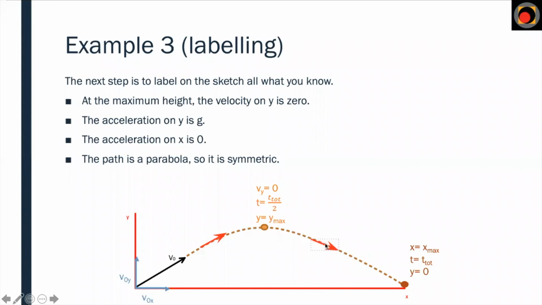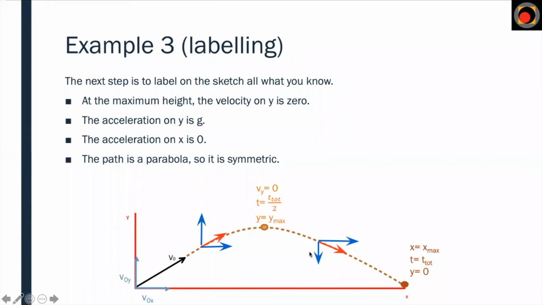If we look at the components, this one has a positive y and a positive x, while this one has a positive x and a negative y, because now it's moving down, not up.